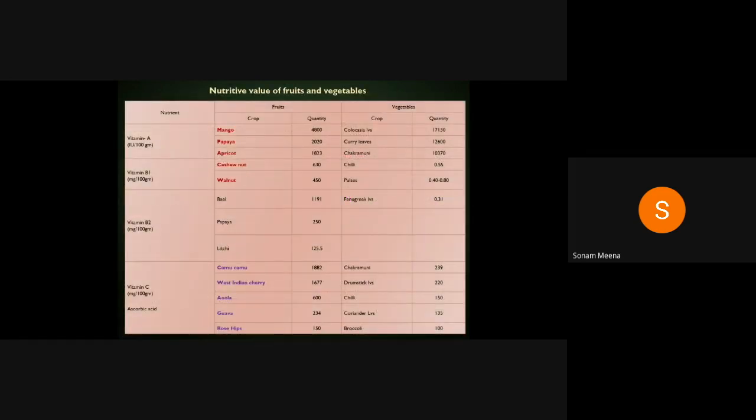And this is the nutrition value of fruits and vegetables. For vitamin A: mango 4,800 international units, papaya 2020, cashew nut 630, apricot. And vitamin C they always ask: kemu kemu, West Indian cherry, amla, guava, roses.